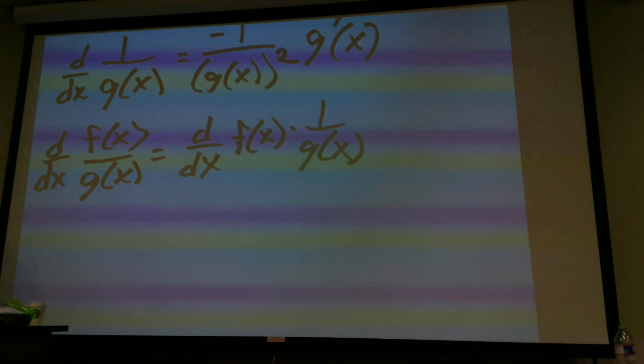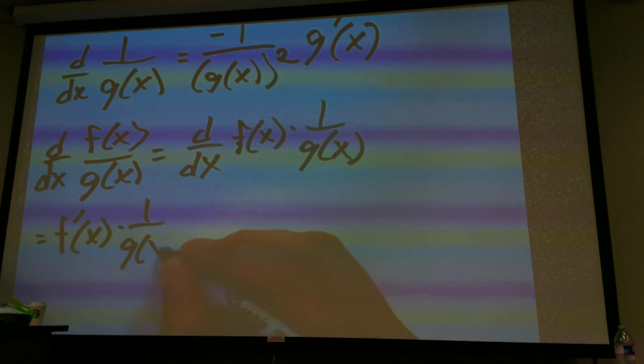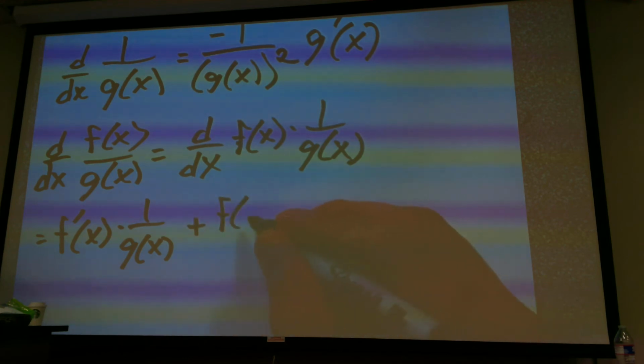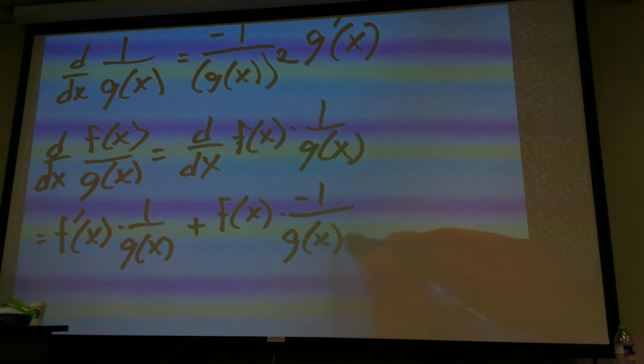That would be f prime of x multiplied by 1 divided by g of x, plus f of x times the derivative of 1 divided by g of x. That's going to be negative 1 divided by g of x squared multiplied by g prime of x.